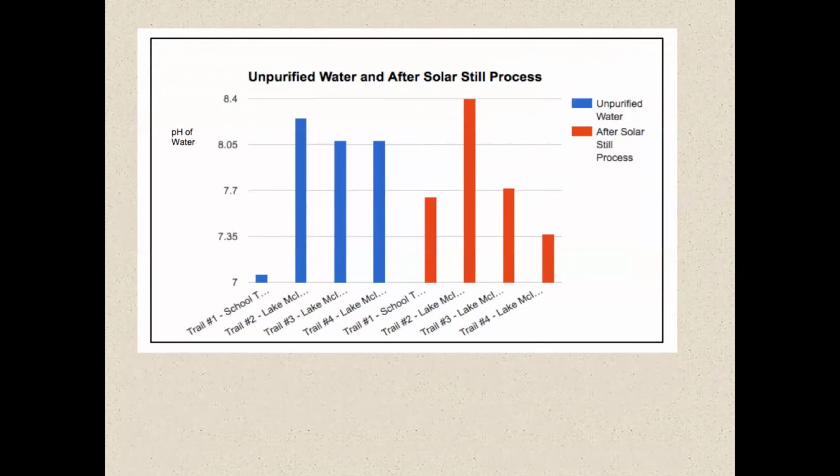That first one is actually their school tap water, and they're looking at that before and after. So it might be useful to take the first and the fifth, second and sixth, and stack those to be able to see how those things are related.